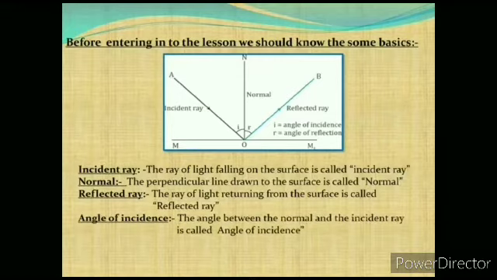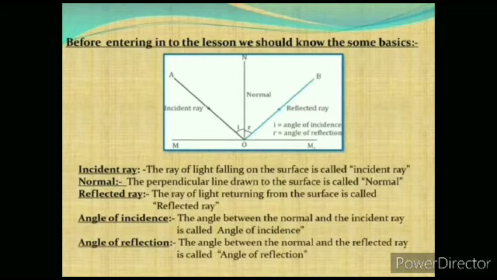Now, angle of incidence. The angle between the normal and the incident ray is called angle of incidence. Now, angle of reflection. The angle between the normal and the reflected ray is called angle of reflection.